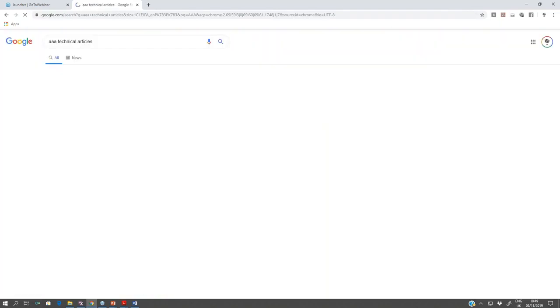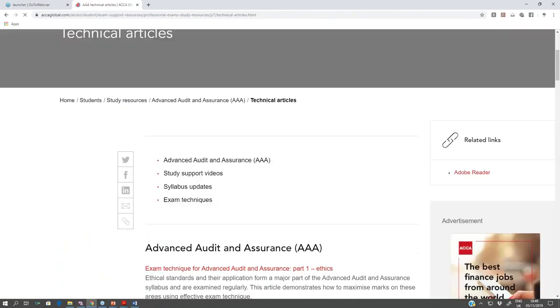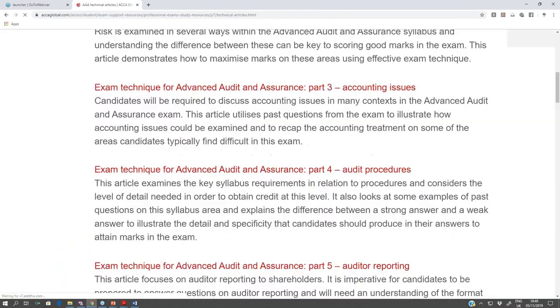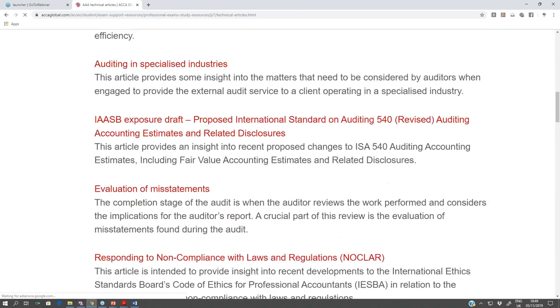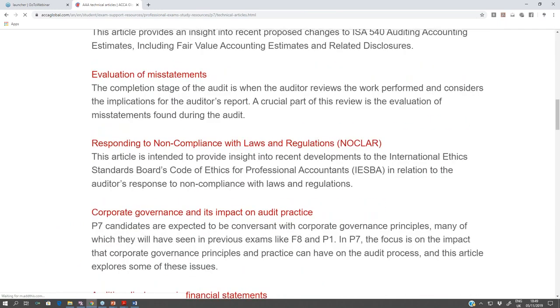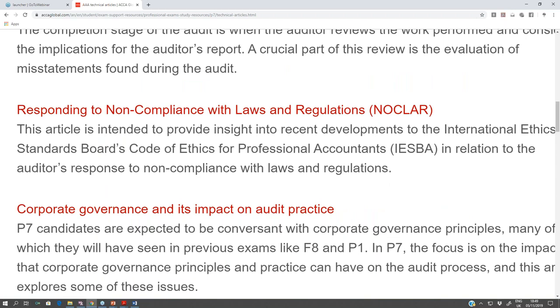So you need to realize this article from the ACCA website here. If I can just show you this article on a screen here. See this article in front of your screen here, responding to non-compliance with laws and regulation. You can see this article, the very first one on your screen now.